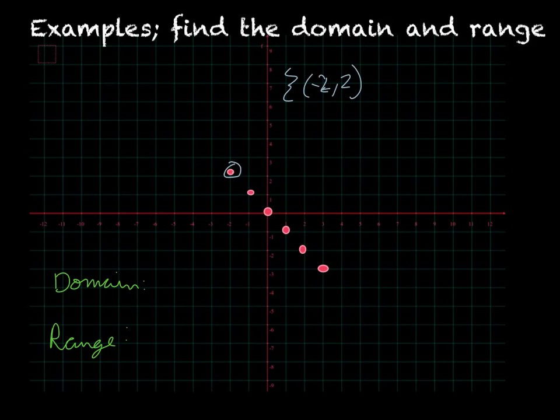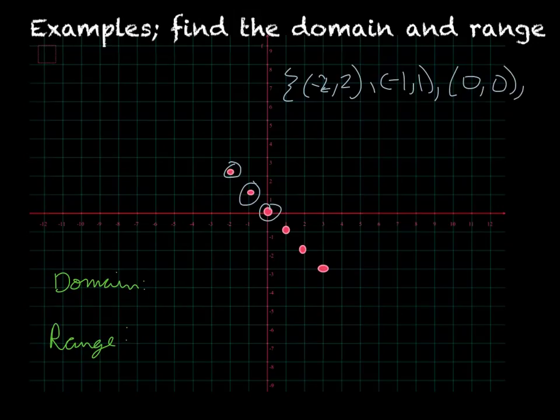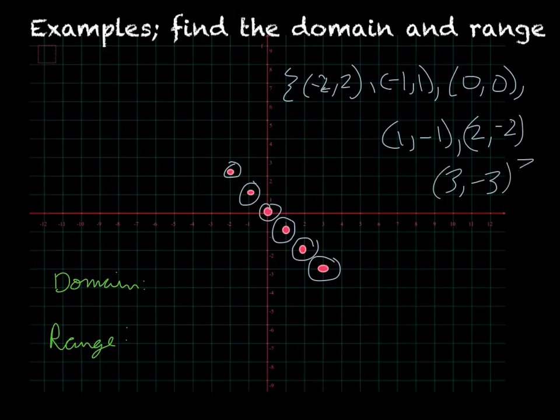My next point is (-1, 1). And then I have the point (0, 0). And I have the point (1, -1). And the point (2, -2). And my last point there is (3, -3). Obviously we'd want to write these all in a row, but I kind of ran out of room.